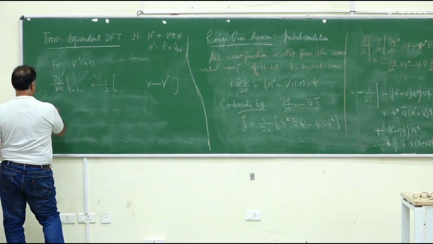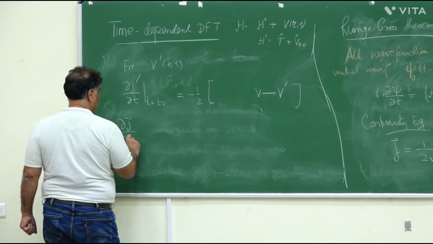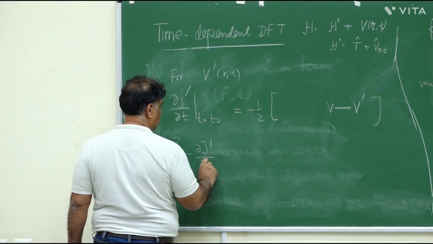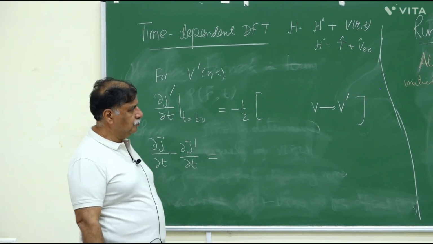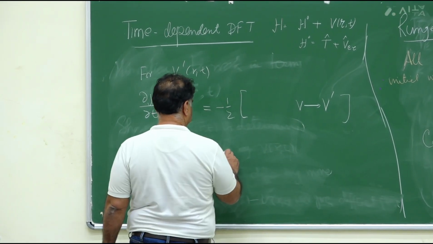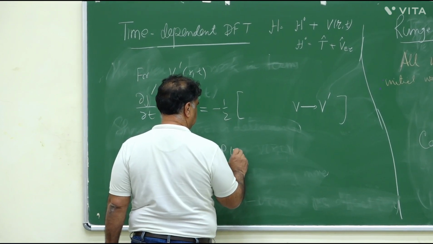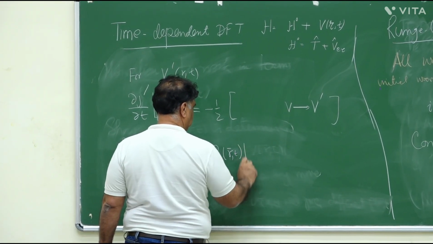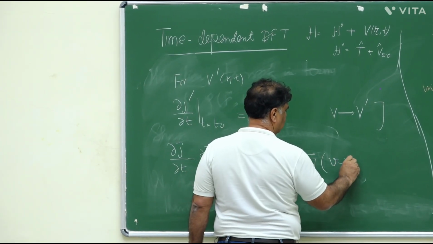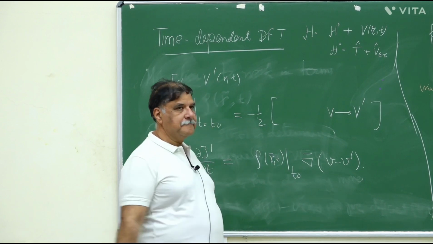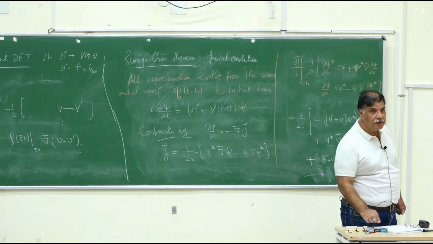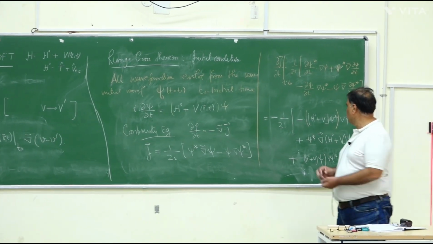So you get dj dt minus dj prime dt is equal to, you subtract, and you can see it very easily, rho at t equals 0, grad of V minus V prime. The third term will be negative, not positive.